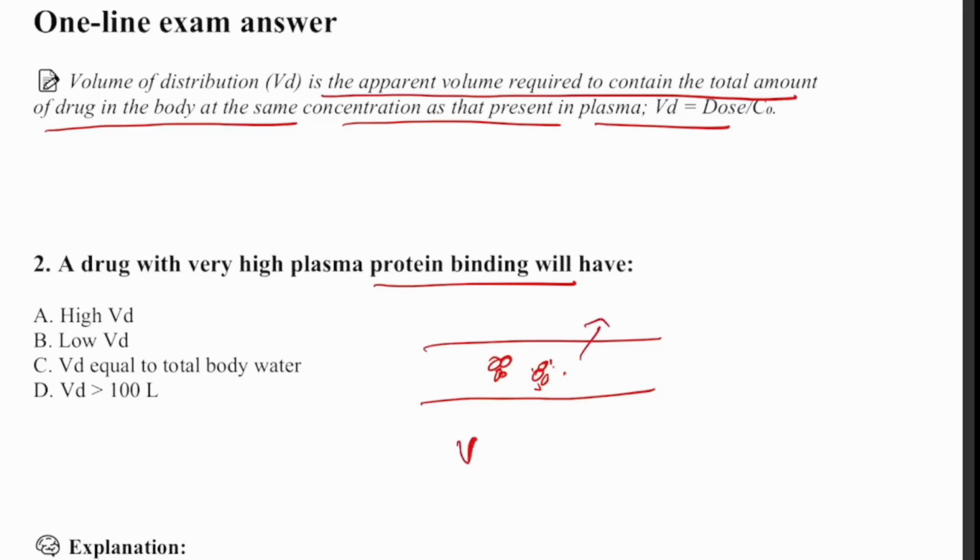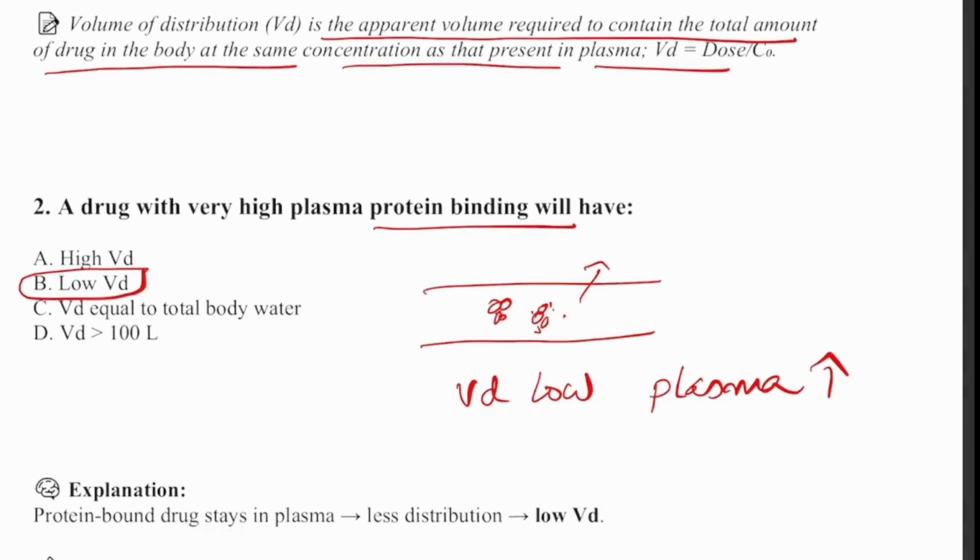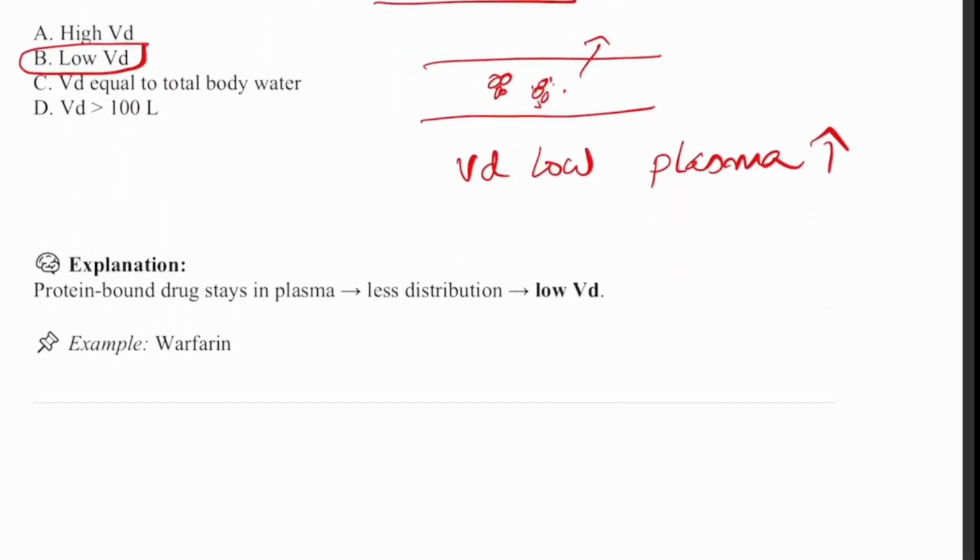So the volume of distribution is low and plasma concentration is high. So a drug with high plasma protein binding has got a low volume of distribution. This is the correct answer. Hope it is clear to you. And classical example is warfarin, which I have mentioned.